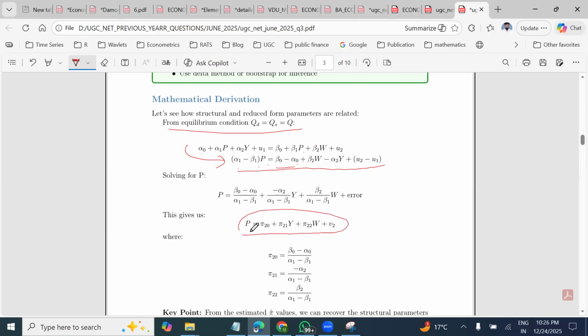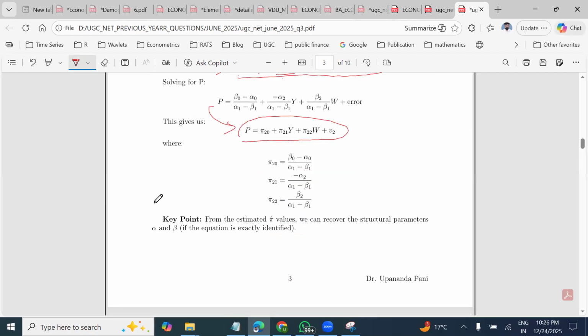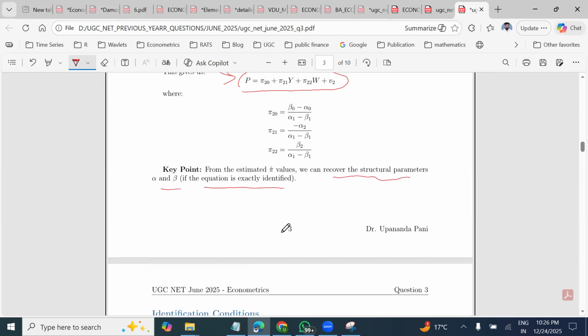So pi 2 0 is this beta 0 minus alpha 0, then pi 2 1 is this coefficient, pi 2 2 is the third coefficient. So directly we can say that from the estimated pi values we can recover the structural parameters alpha and beta if the equation is exactly identified.